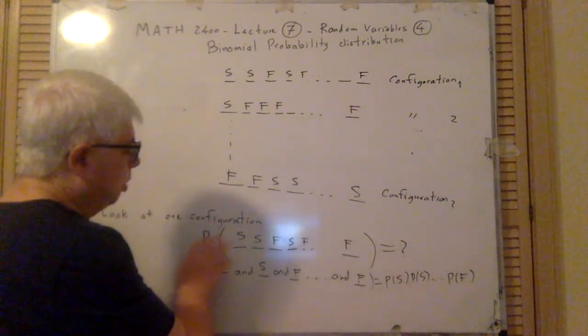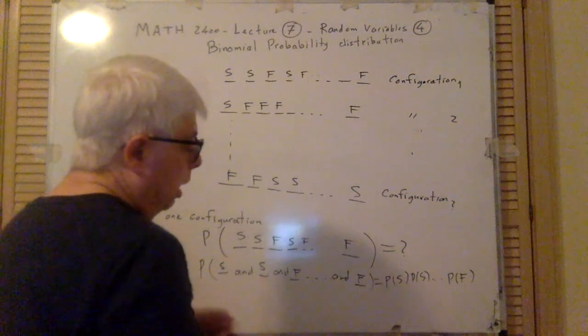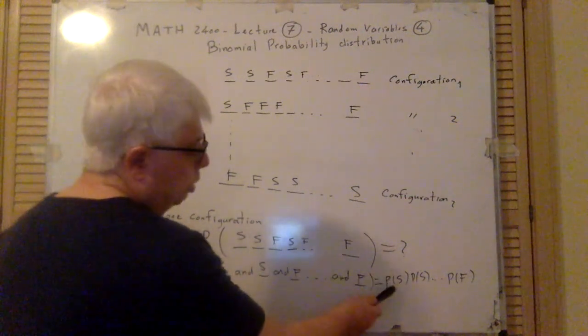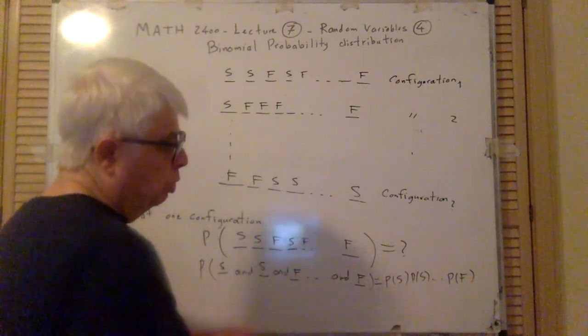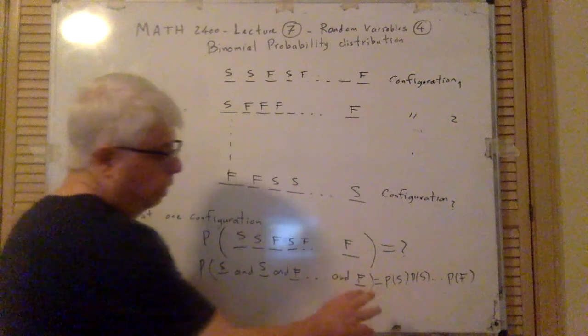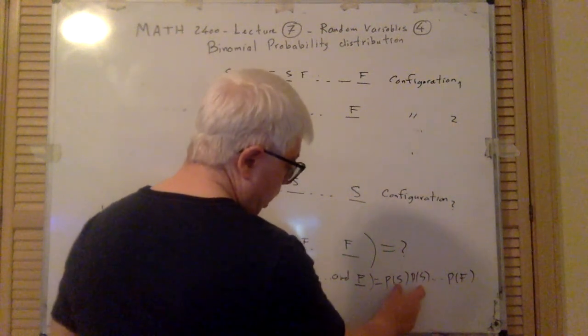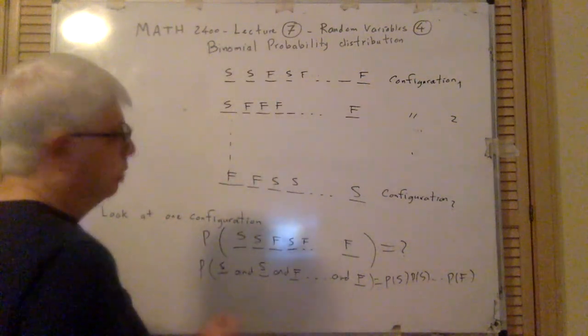So, the probability of one of these configurations, which I took just the first one, happening is this. It is some probability of S times probability of S and so on. Now we have to look at this and say, okay, how many S's do I have here? What was the problem?